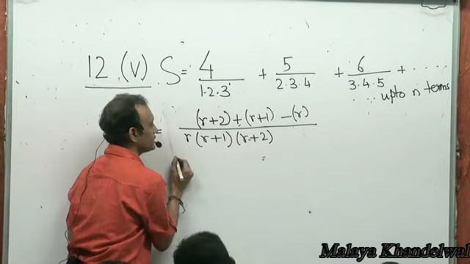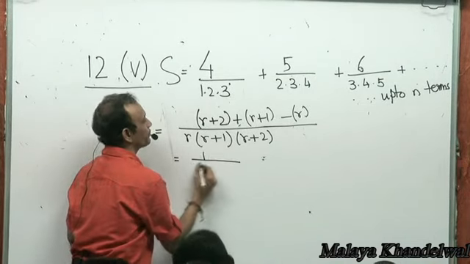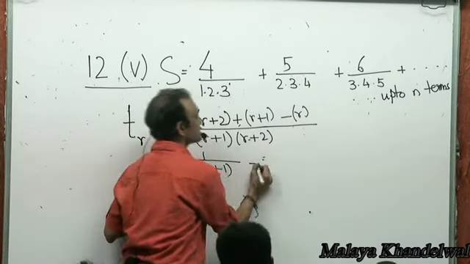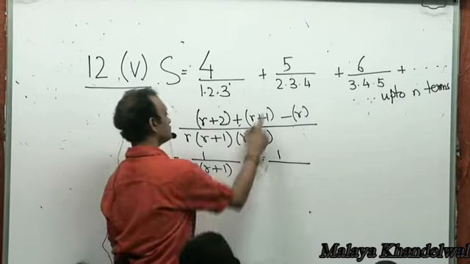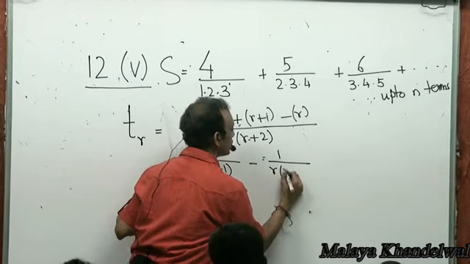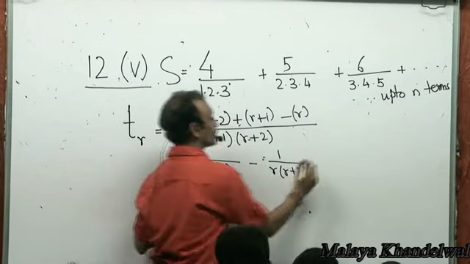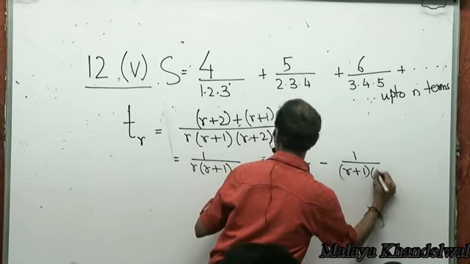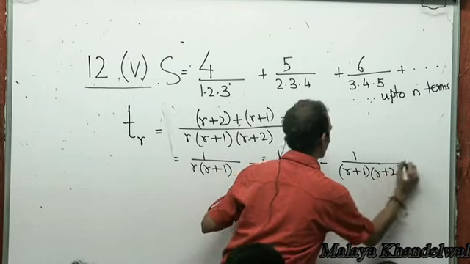And now if I divide, this would be like 1 by R into R plus 1 minus 1 by R into R plus 2 minus 1 by R plus 1 into R plus 2. Yes or no?